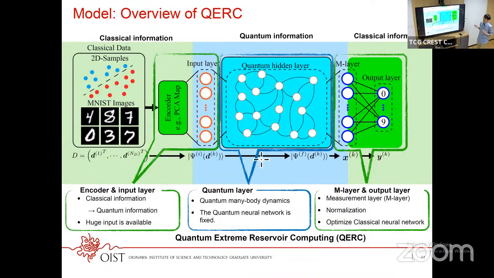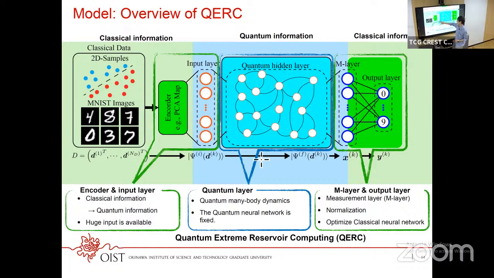Now, this is a model of our quantum reservoir. We call it quantum extreme reservoir computing. It has five layers. We have an encoder part, because our input is classical data, like 2D samples or images, and these are classical information. So we need an encoder which converts classical information into quantum information, like a state.